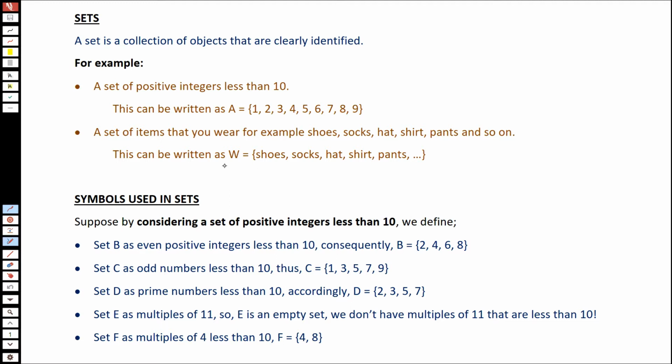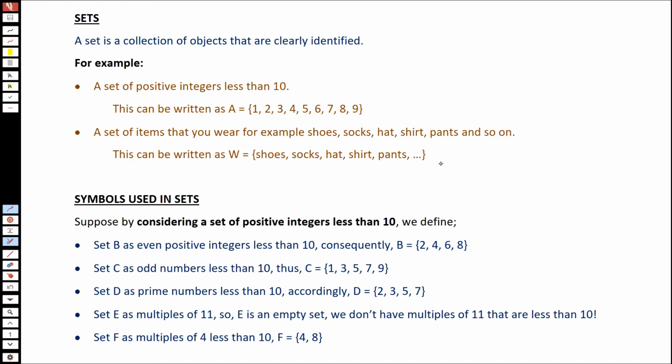So W can represent what we wear, and this is how you represent that set. W will be equal to curly bracket, and then you just list that. And then the three dots represent "and so on." And the same can apply to numbers. So if you're considering numbers that go up to infinity, then you can just list up to a certain point and then you have the three dots.